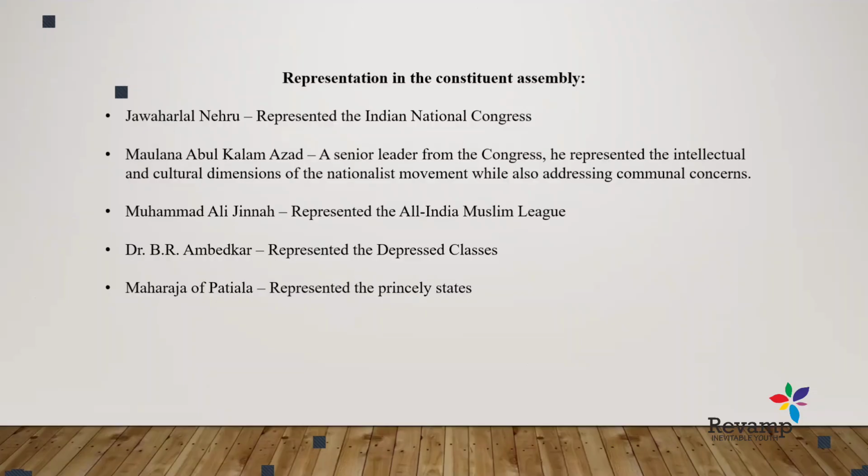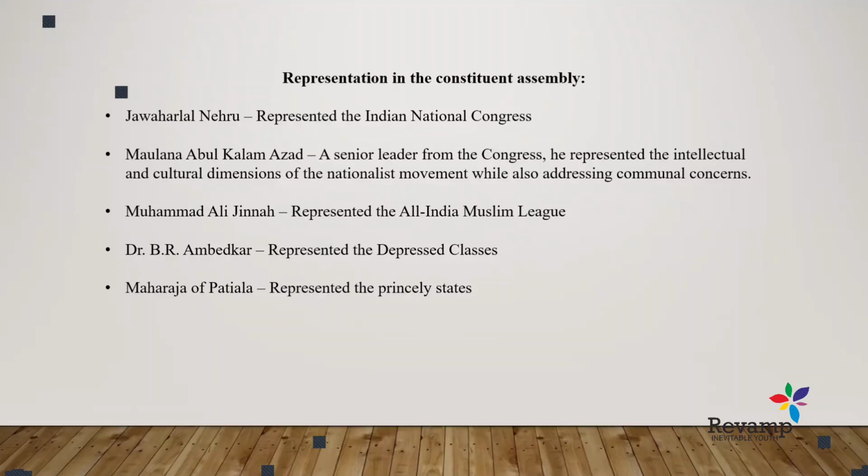So the main representatives were Jawaharlal Nehru, who represented the Indian National Congress. Maulana Abul Kalam Azad is also a senior leader from the Indian National Congress, but also represented himself as a representative of many cultural dimensions across the national movement. The next most important one is Muhammad Ali Jinnah, who is also known as the father of independent Pakistan.